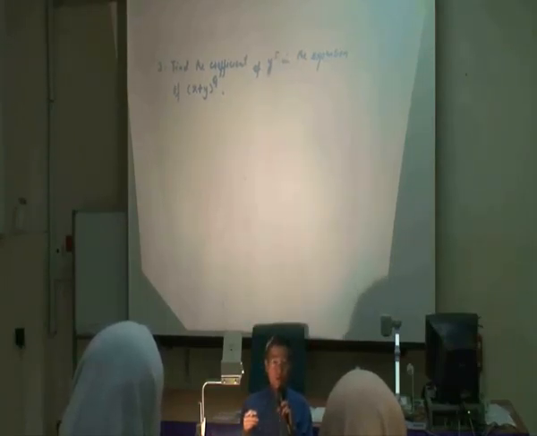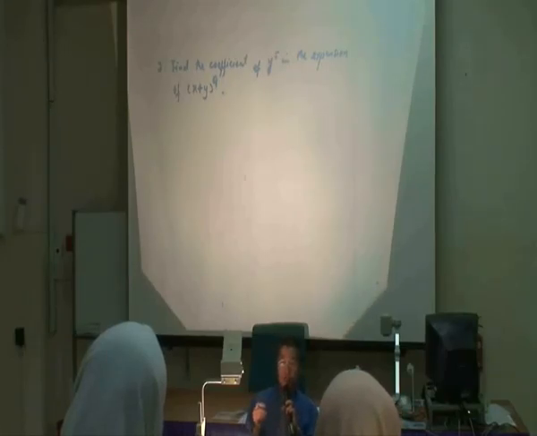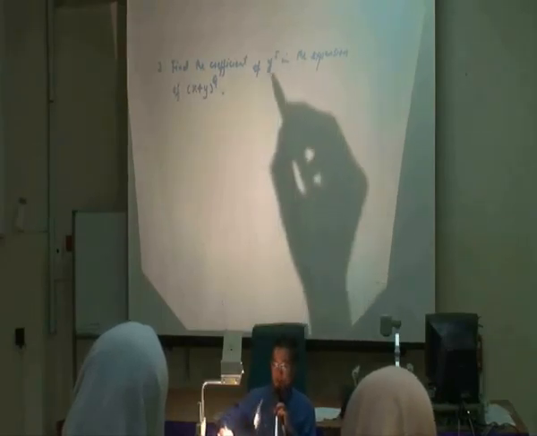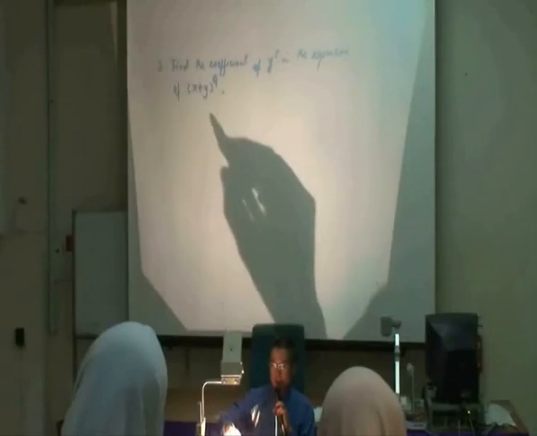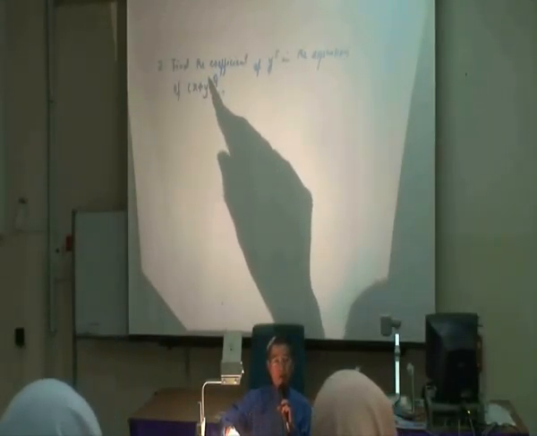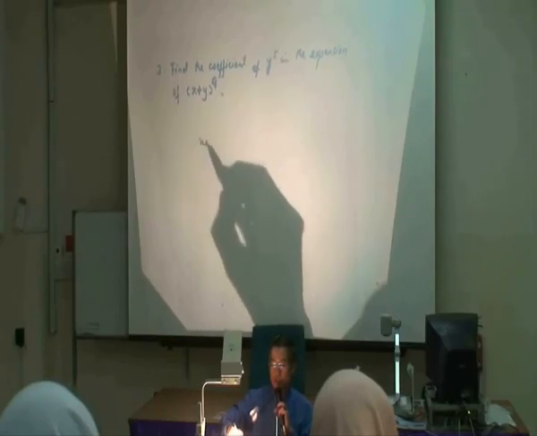No. Don't need, right? We can make use of the r plus 1 term, right? The formula for the r plus 1 term in this expansion, alright? So to get y to the power 5, just write down the term.